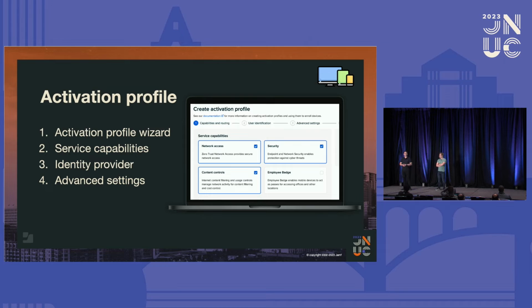You will be able to select the desired service capability and adjust it. For example, you can make the ZTNA mandatory, add a block page, or choose the right identity provider. The activation profile is then used for deployment, which we will talk about in a moment.